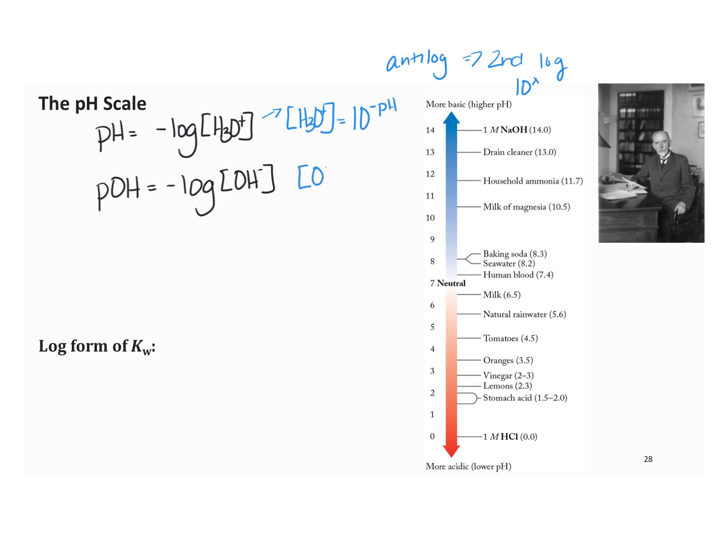Same thing with OH-. If you have to solve for the OH- concentration from the pOH, it's 10 raised to the negative pOH. Now, we also know that the Kw equals 1 times 10 to the negative 14th.